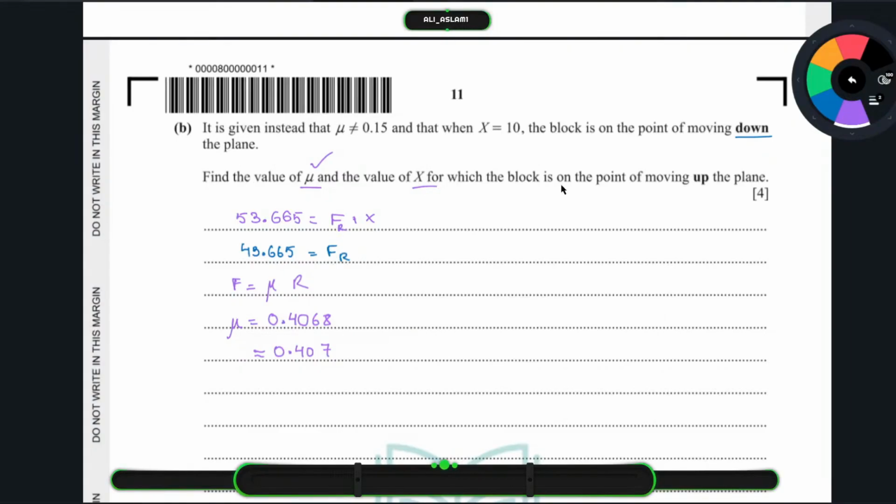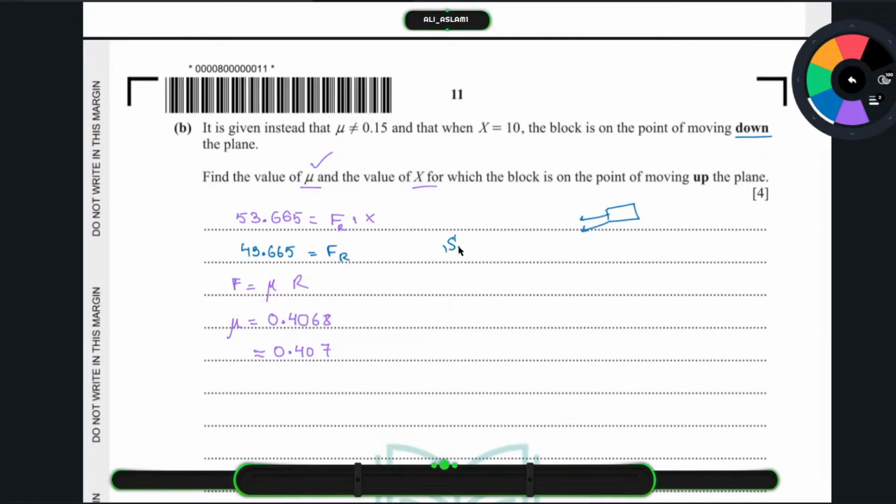In order for the block to move up the plane, the frictional force would remain the same, and the weight component would be acting against it.